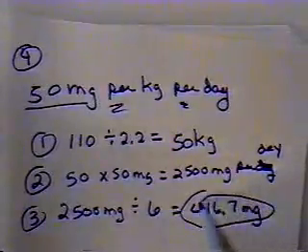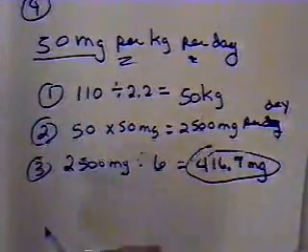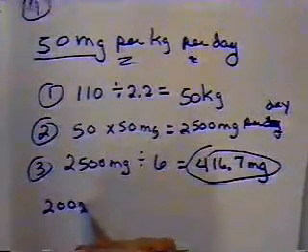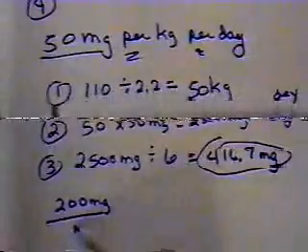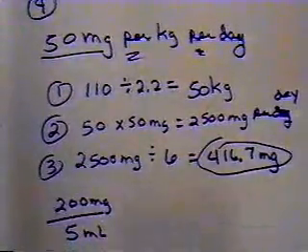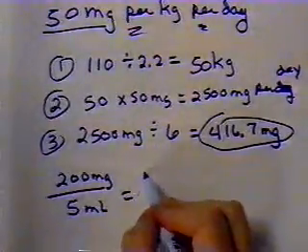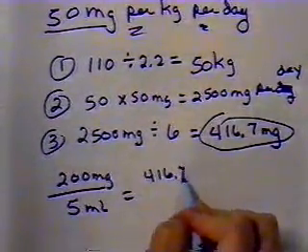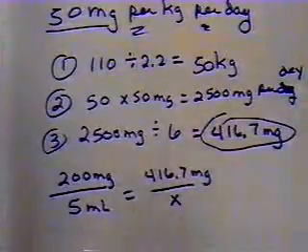Now it says this is my dose. So I go pick up the bottle and it says 200 milligrams in 5 milliliters. The N per the contains, and I want to give 416.7 milligrams. Always watch that your labels match.